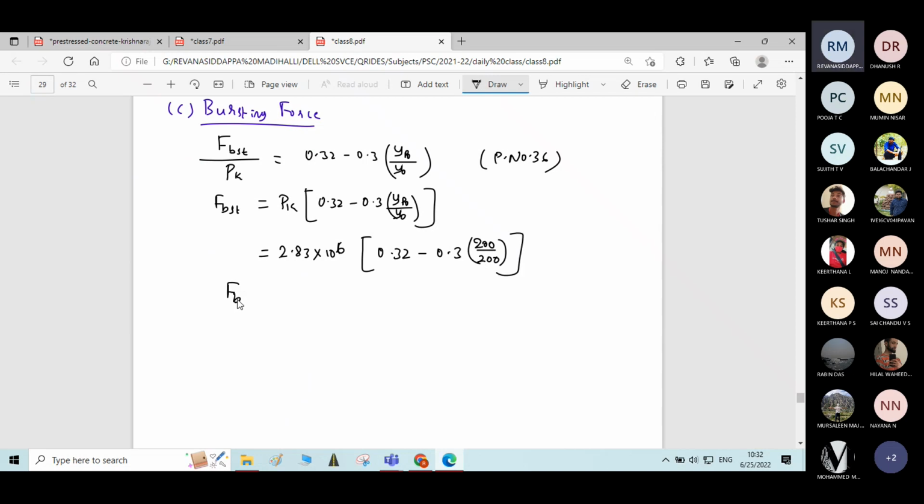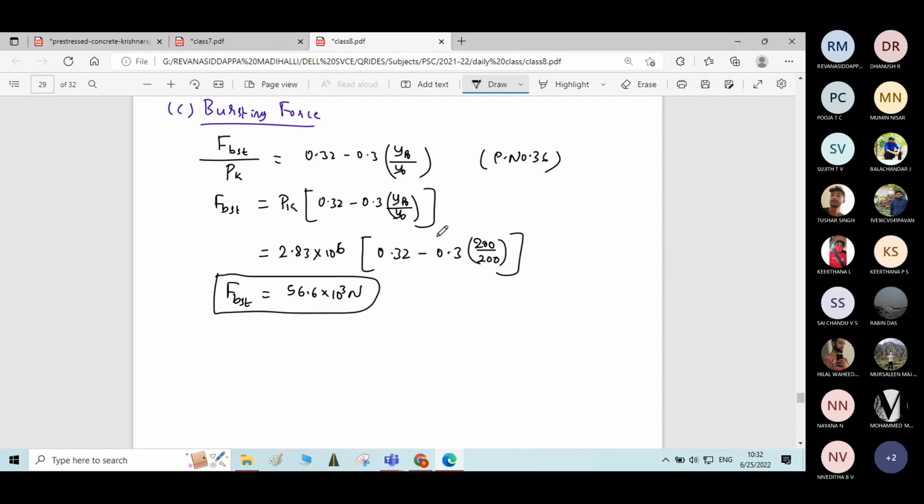By this we'll get the bursting force, which is 56.6 into 10 power 3 Newton.